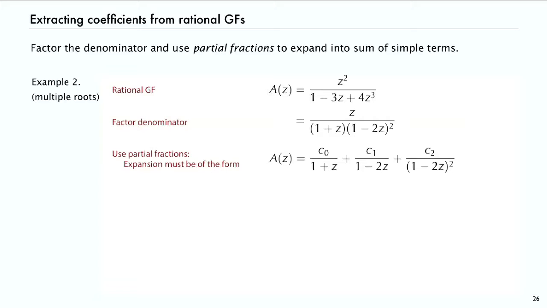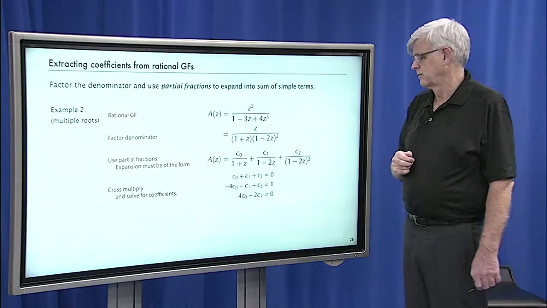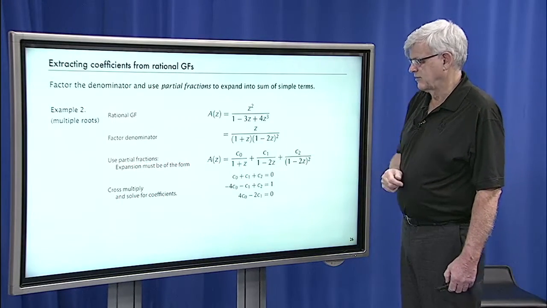And in general, if the root appeared 3 times, we'd need 3 terms, and 4 times 4 terms, and so forth. So multiple roots lead to more terms in the partial fraction expansion. But the same basic method works: cross multiply, and now we have possible terms of constant, z and z squared. So now we have 3 equations and 3 unknowns, and go ahead and solve for those.